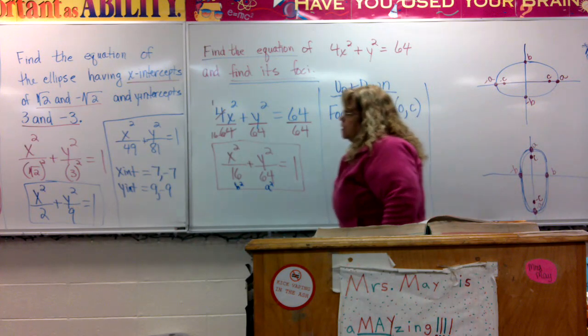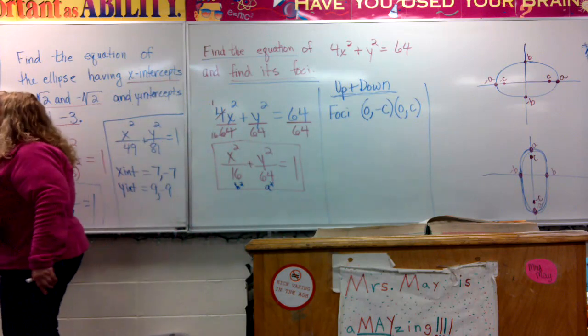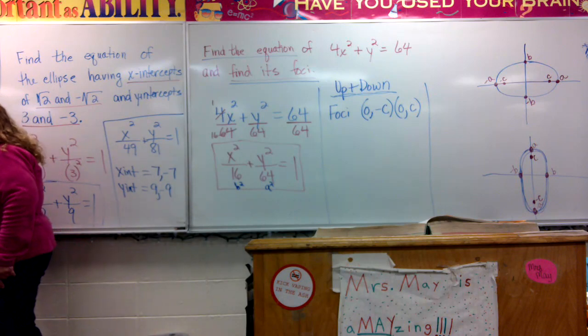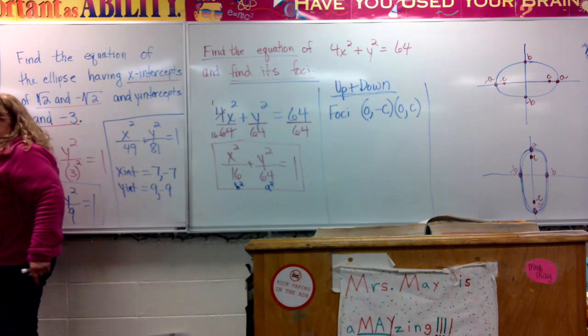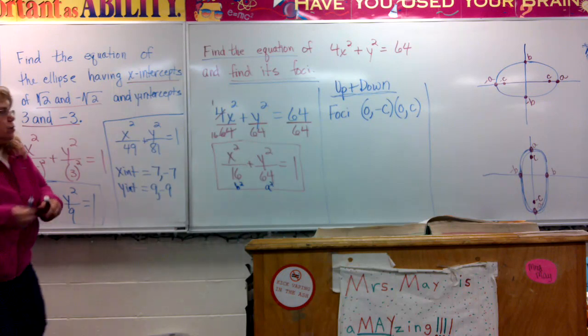With b squared. Right. And notice, it doesn't matter which one you're talking about, sideways or up and down. Both of them are b squared equals a squared minus c squared.